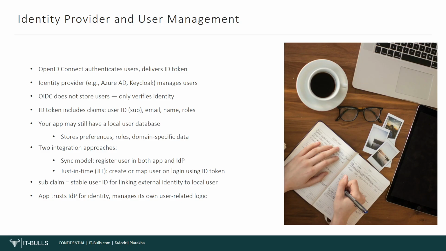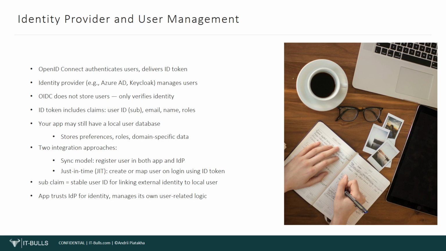In both cases, the key is this. OpenID Connect authenticates identities that are managed by the identity provider, and your application must decide how to link that identity with its internal user model. The sub claim acts as a stable bridge between the two worlds. That's all what I plan to discuss with you in this lesson.